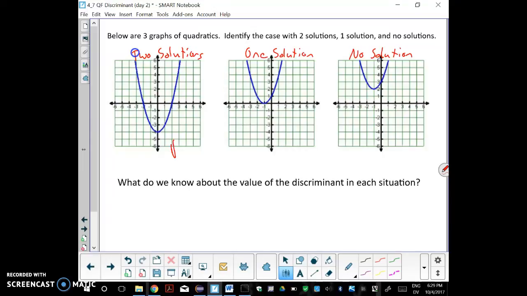And so when it's two solutions, you have a positive number underneath there, and then you end up with plus or minus some value. In the one solution case, it's a 0 underneath the check mark. Discriminant is 0. And in the no solutions case, the discriminant's a negative number, and then you get no answers because we can't do the square root of a negative number.